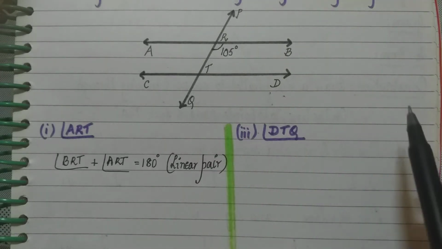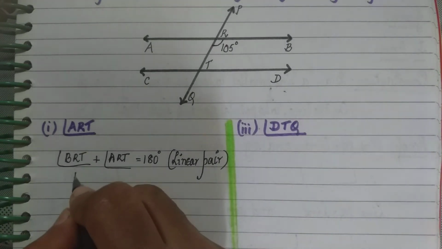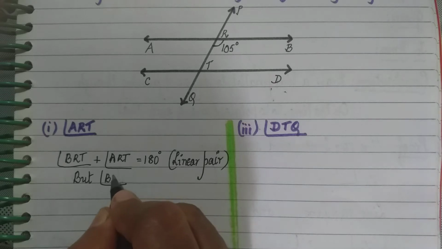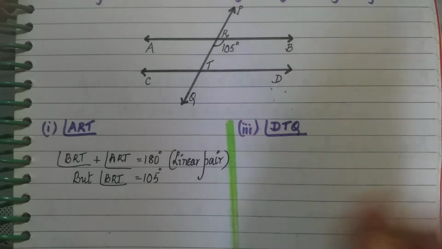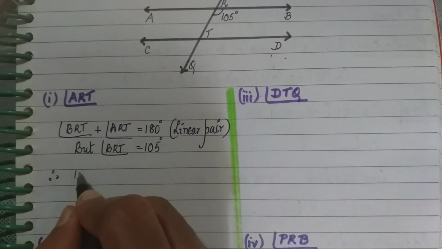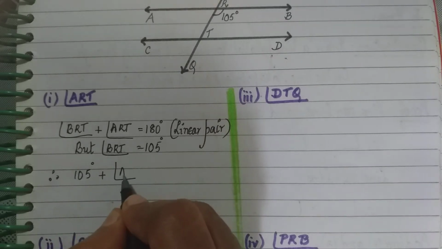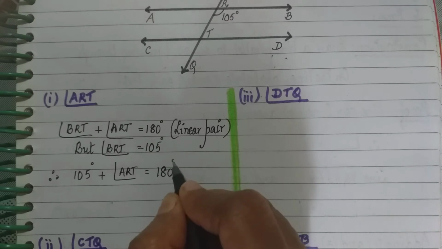But angle BRT is equal to 105 degrees. Therefore, in place of angle BRT I put 105 degrees plus angle ART is equal to 180 degrees.